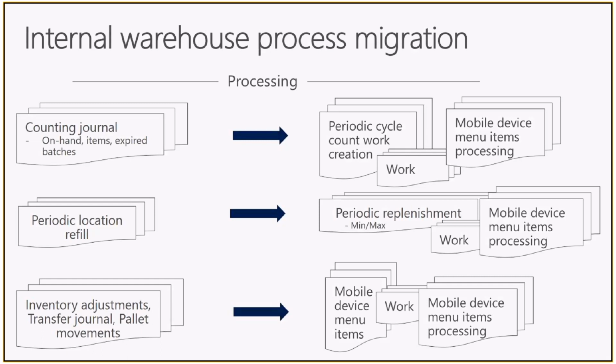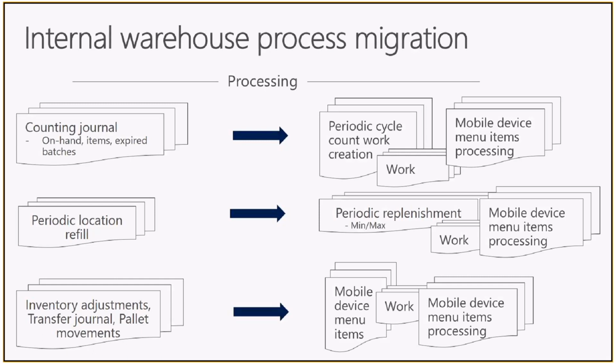So you transfer, but you use the mobile device to process those movements. And inventory adjustments, the same approach. You can use the mobile device for inbound and outbound adjustments in your inventory.